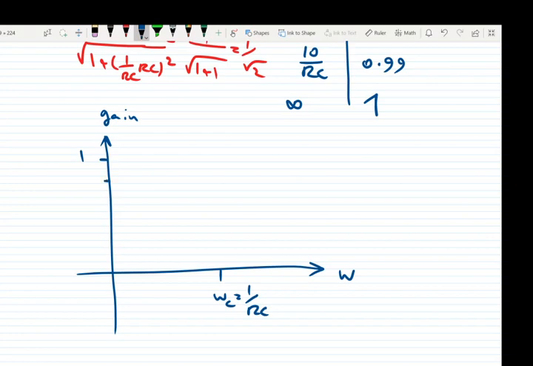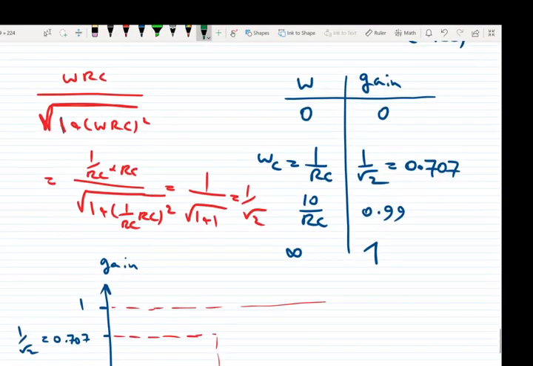And of course, we have 1 over square root of 2, or 0.707. Okay, for the frequency of 0, the gain is 0.